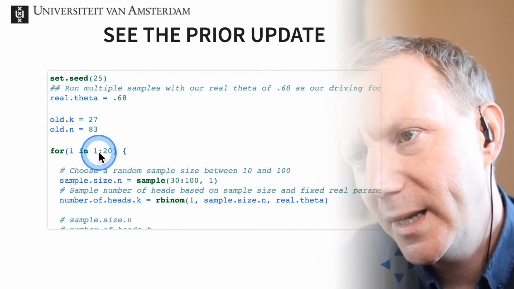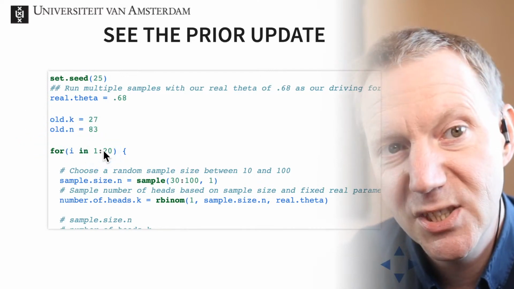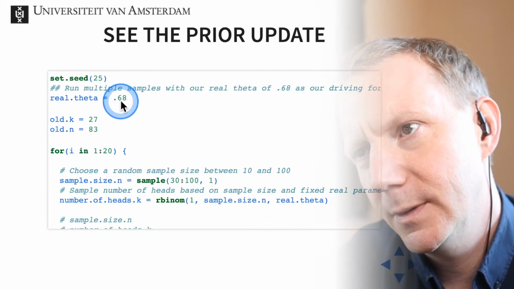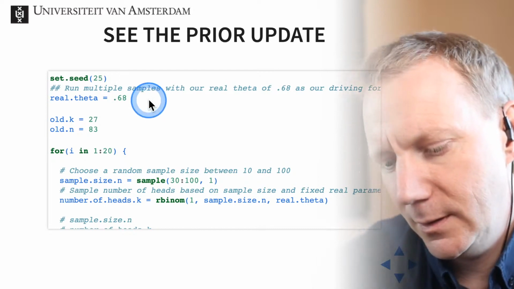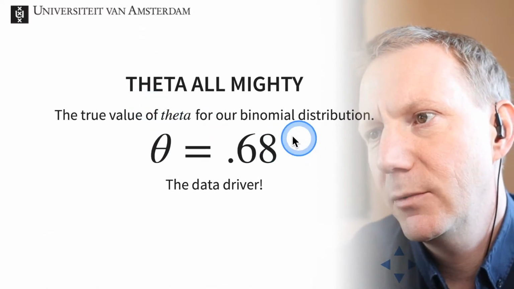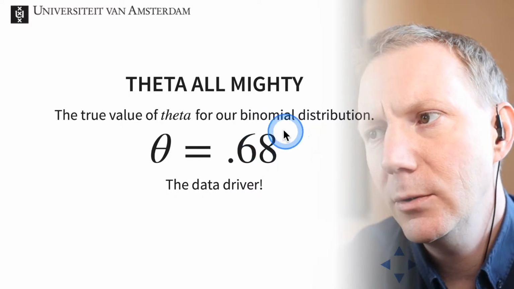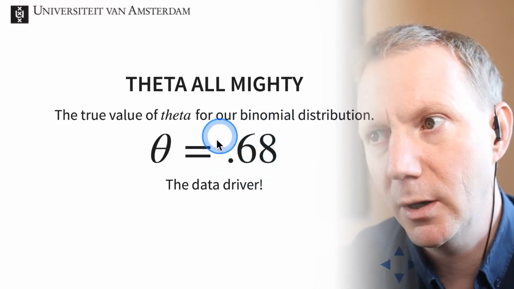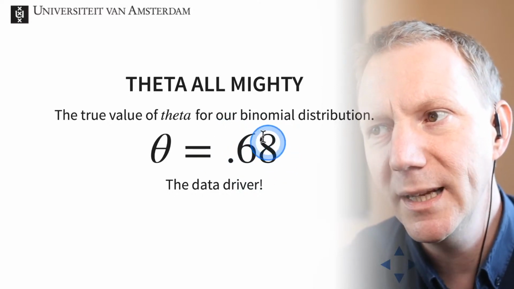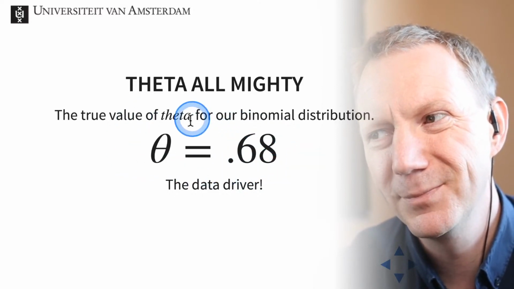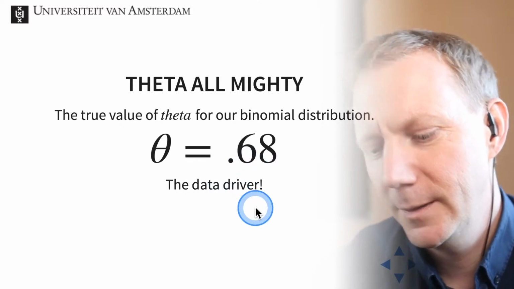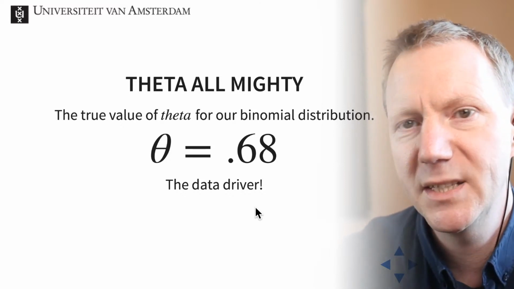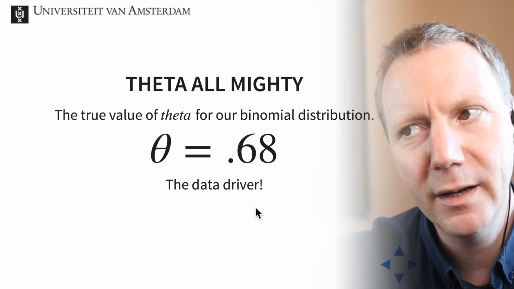I'm going to run 20 experiments. This is a simulation. The real theta here is referring to the theta of the posterior, right? No, it's referring to an unknown theta, which is in reality also unknown. It's just if this is really the data-driving factor, then my posterior belief that I had is absolutely off, because I thought it was 25.